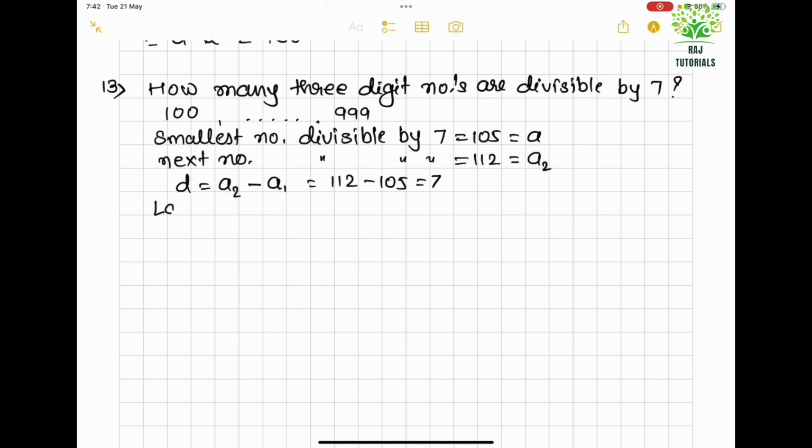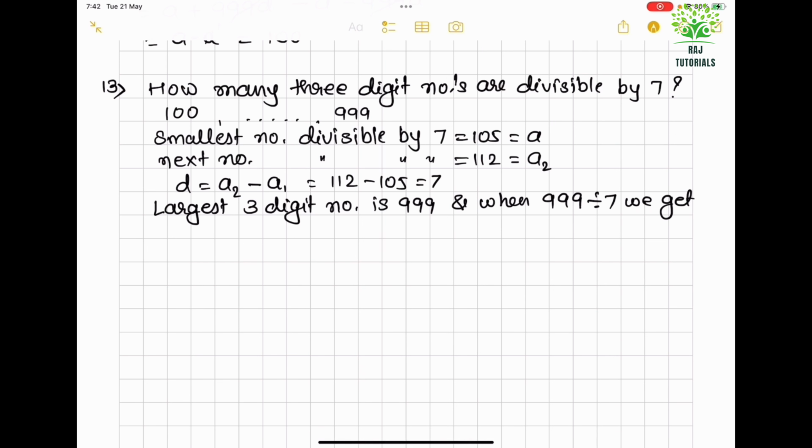See, the largest 3-digit number is 999, and when 999 is divided by 7 we get remainder 5. So it means that 5 is remaining.